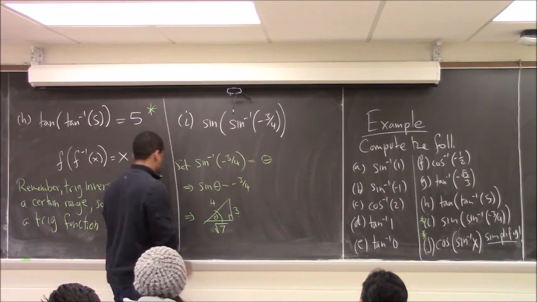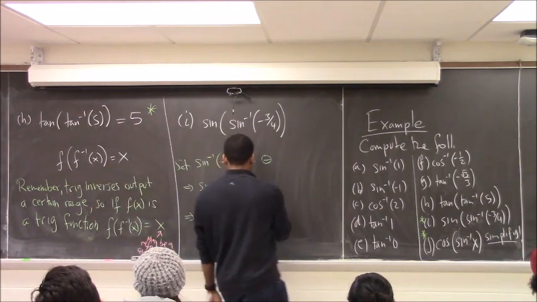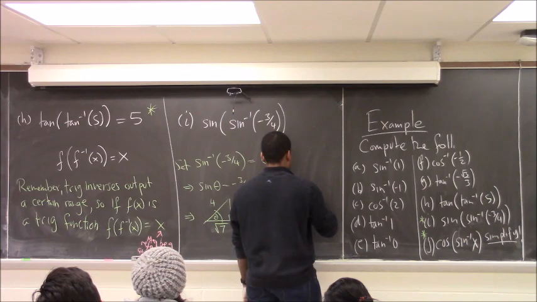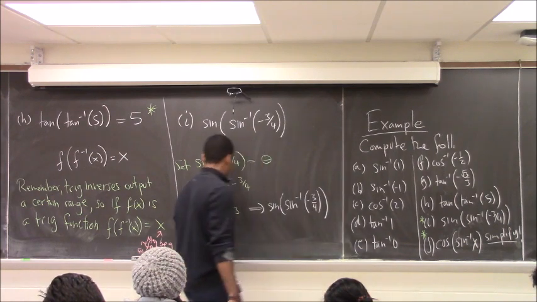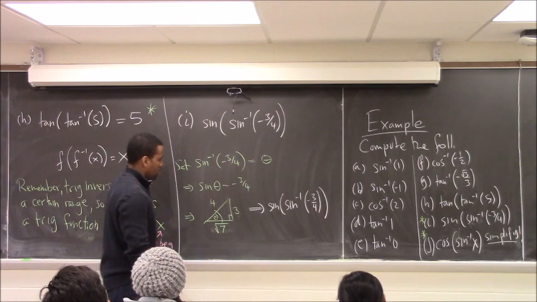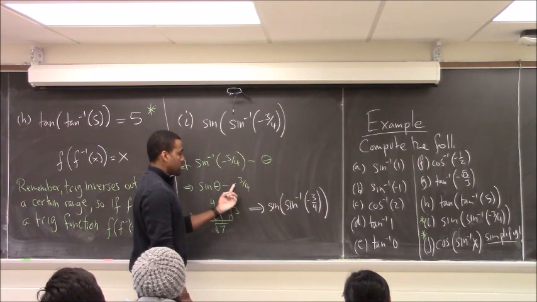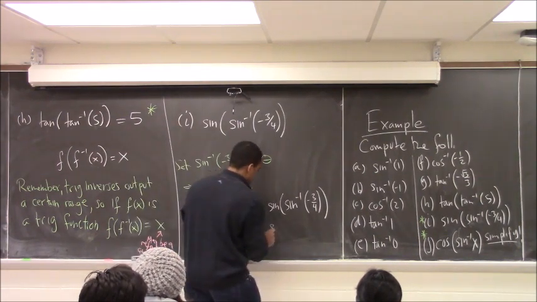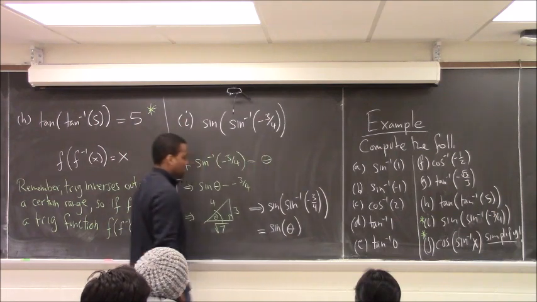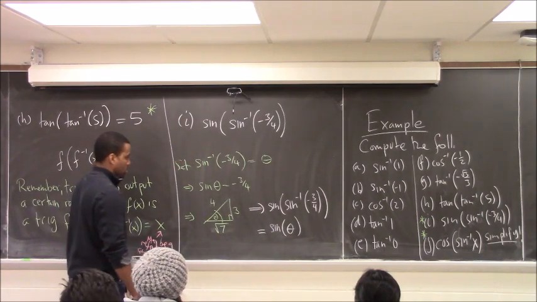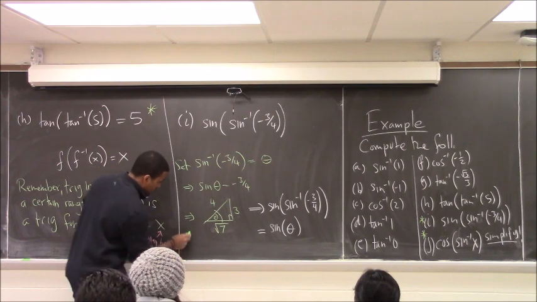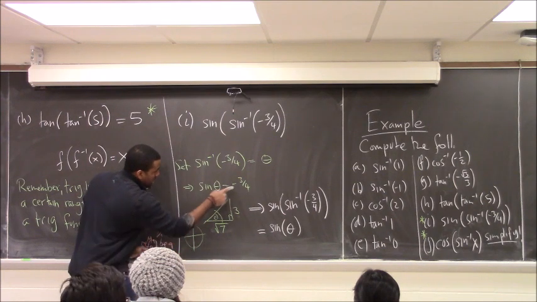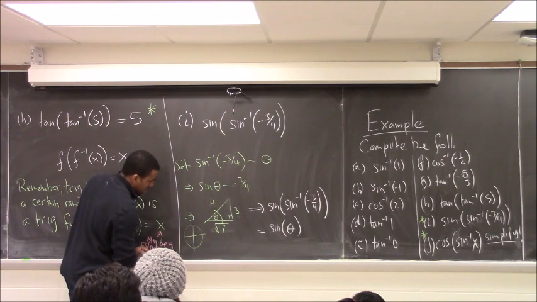So now, if I look at the sine of sine inverse of minus 3 over 4, this is negative, so we're going to keep the negative. This is the same as the sine of theta. The fact that it has a negative number tells me that it's in the fourth quadrant.